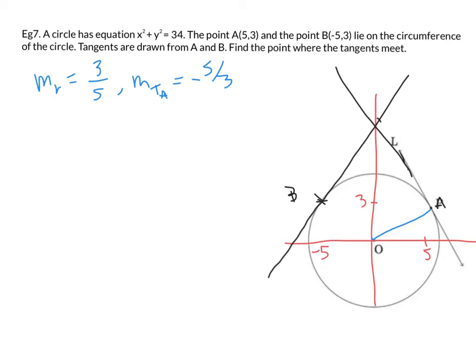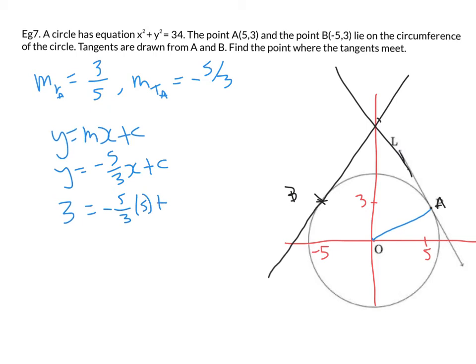I'm going to call that radius A as well, so that's the radius connected to A. The equation of that line would be y equals mx plus c, y equals -5/3 x plus c. Sub in a point on the line, so 5, 3 fits in, so put in the y value as 3 and the x value as 5.